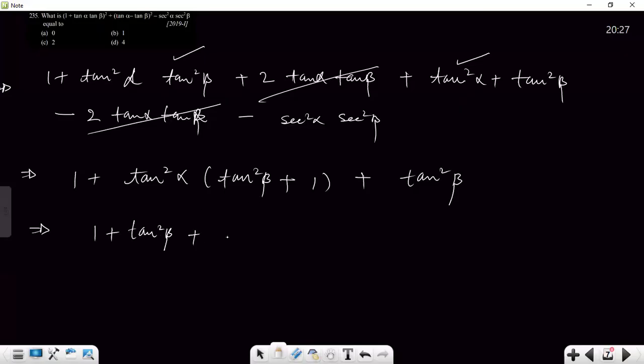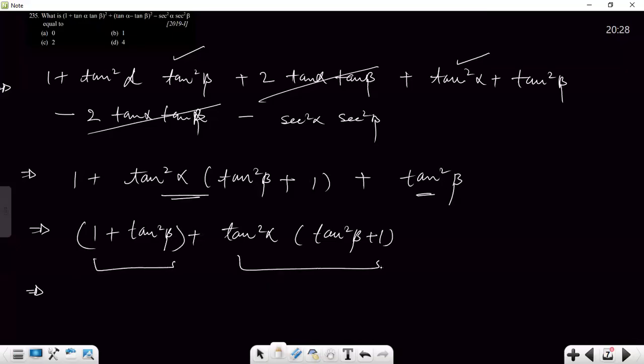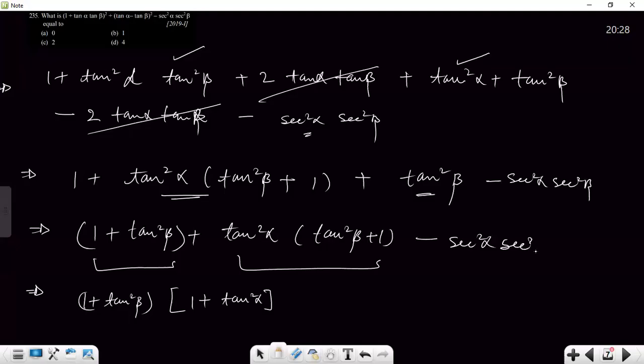Let's rearrange them. I've done nothing except rearranging, writing this term in the last, writing this term in the first. If we consider these two terms, what is common here is 1 plus tan square of beta and 1 plus tan square of alpha. And one more thing that we are missing out is minus sec square alpha into sec square beta.